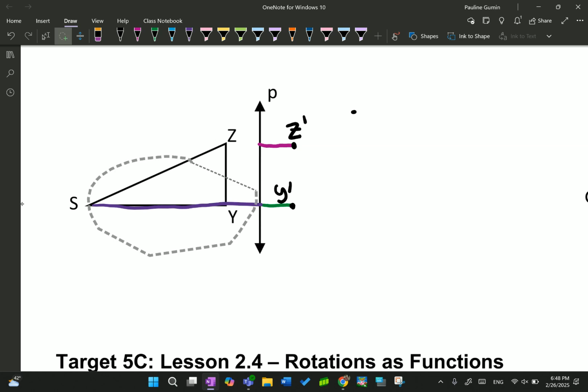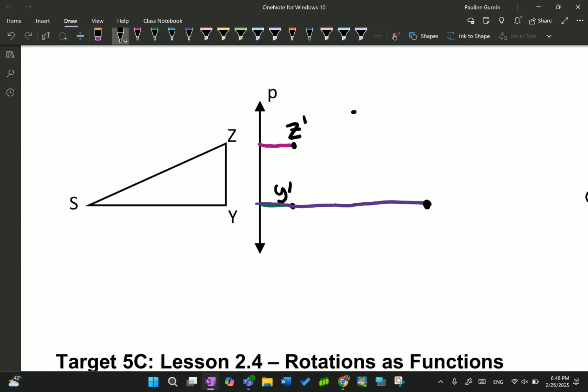And I'm going to copy and paste that same distance from P, that middle line, to the other side. At the end, I'm going to call it S prime, and then I'm going to connect these 3 dots. And here I have a mirror image of that same triangle.